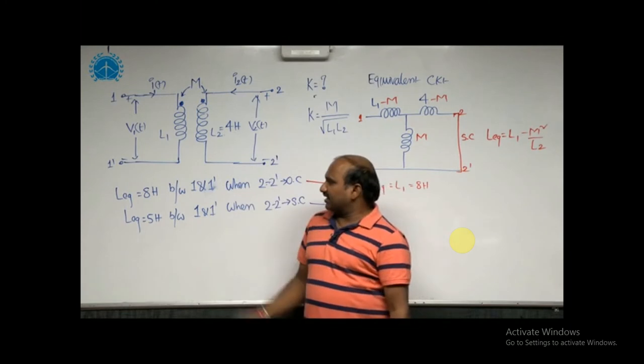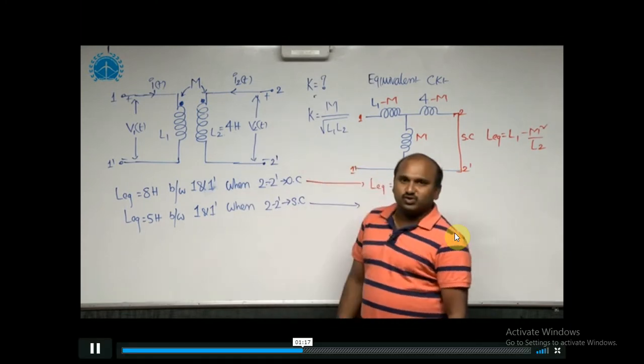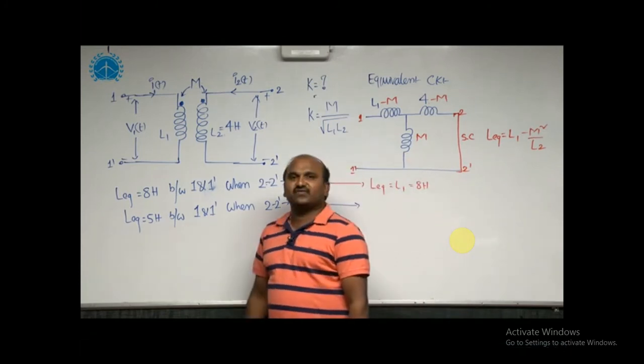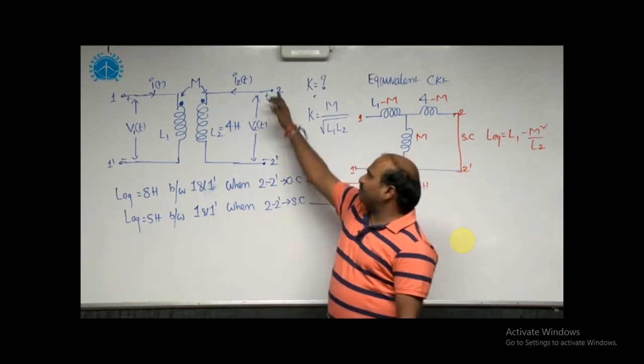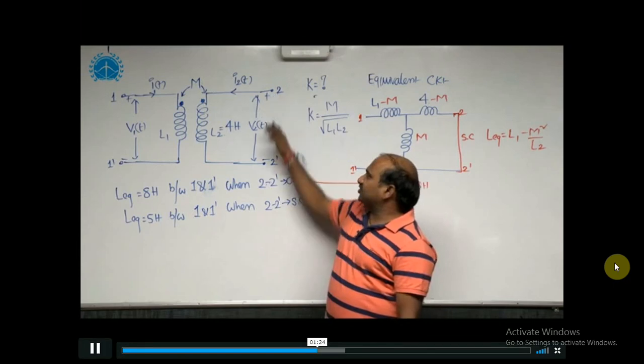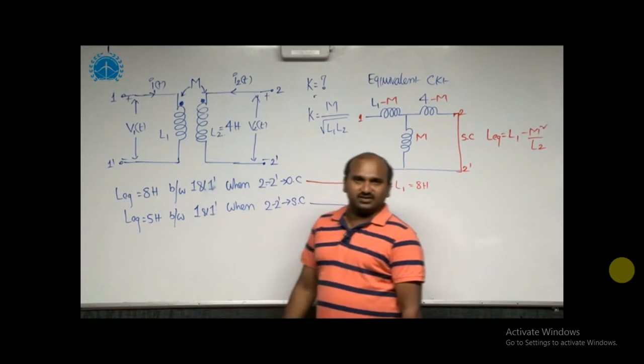The second condition given is when 2 and 2 dash are short circuit, the L equivalent value is given as 5 henries. Whenever you provide a short circuit, there is a secondary winding current, nothing but the coil 2 current.